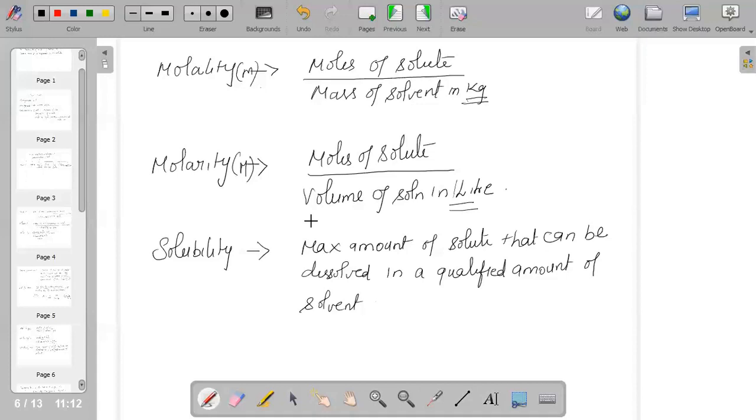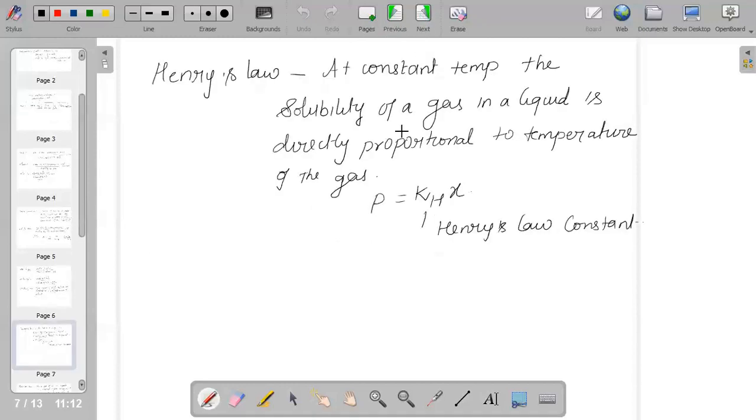If we increase the temperature, there is an increase in solubility. And if we talk about pressure, yes, a rise in pressure will increase the solubility. So there are different factors which determine the characteristics, or which impact the solubility.